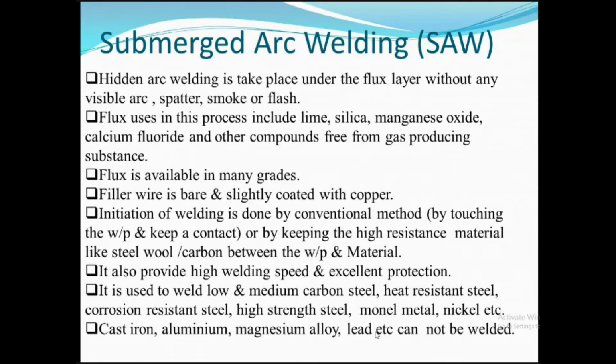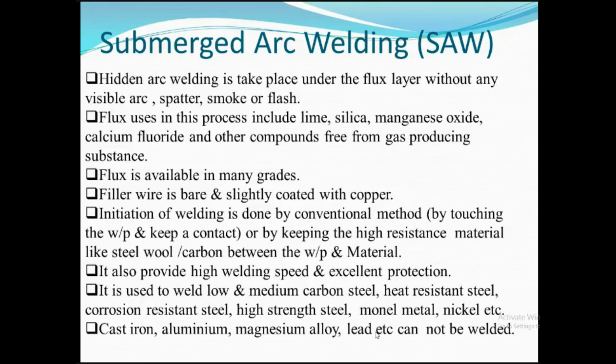Filler wire is bare and slightly coated with copper. Initiation of welding is done by the conventional method by touching the workpiece and keeping the contact, or by keeping a high resistance material like steel wool or carbon between the workpiece and the electrode. It also provides high welding speeds and excellent protection.